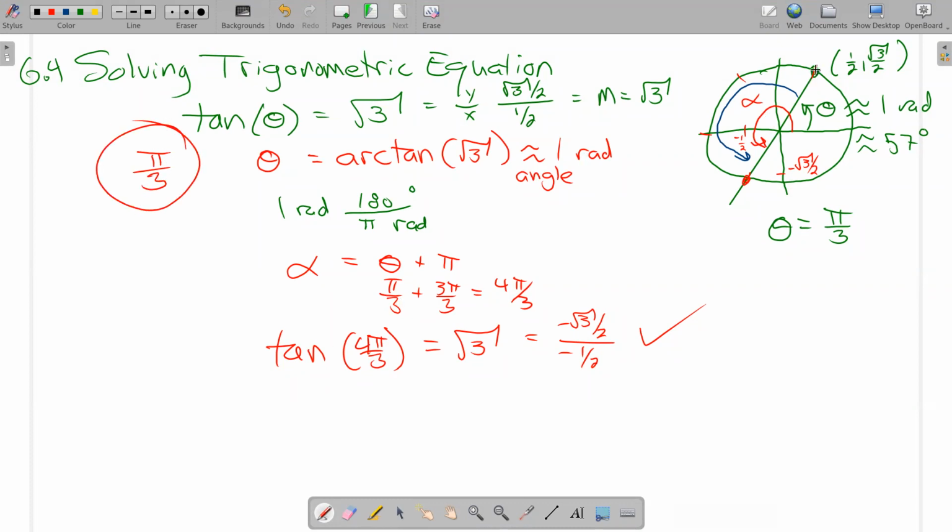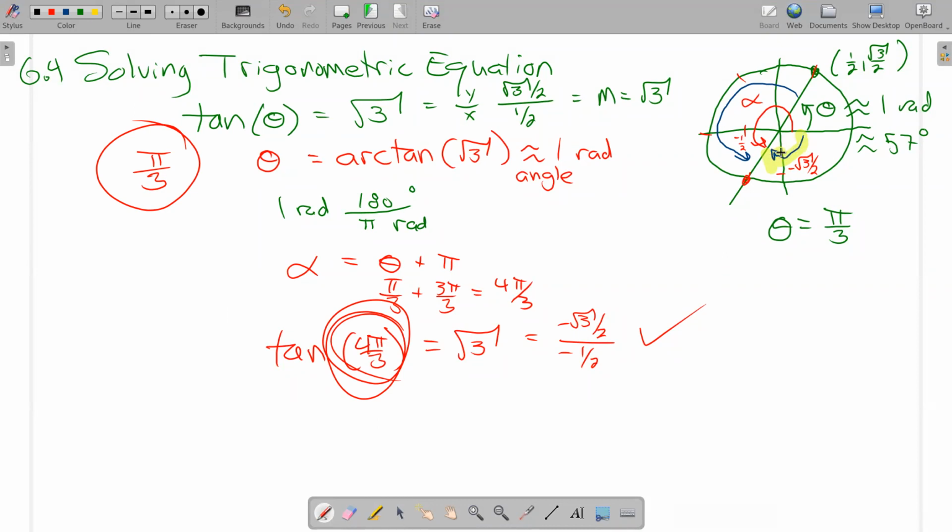We used this radius, making it into a diameter, and found another angle here. Now I could have, let's use a highlighter to clarify this a little bit. I could have measured in this direction as a negative angle. What angle would that be if I go in that negative direction?